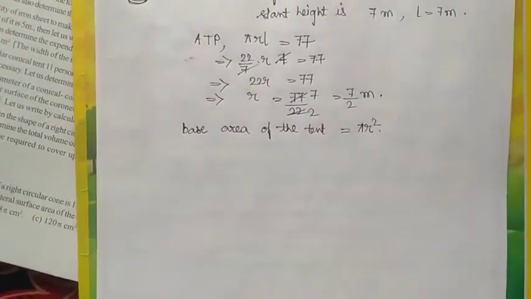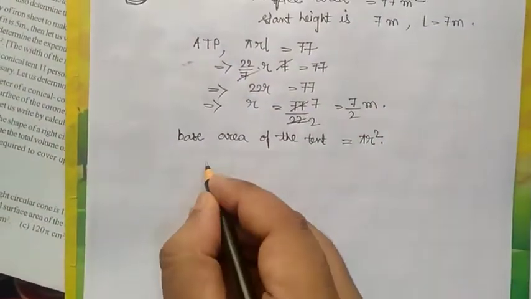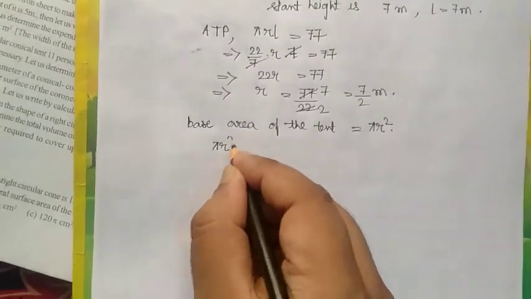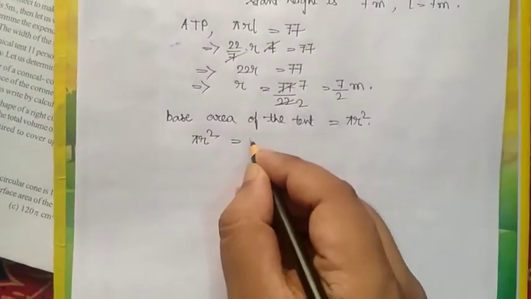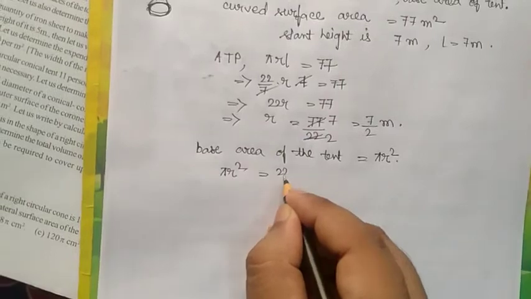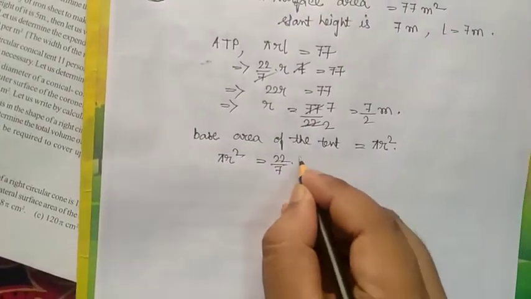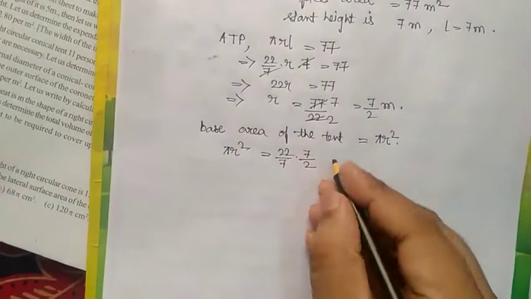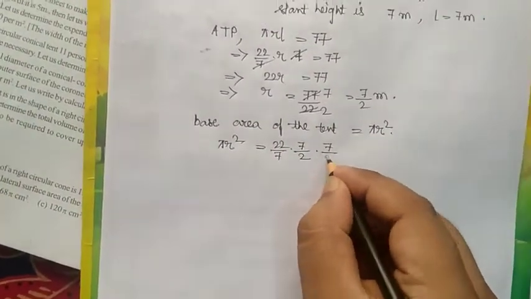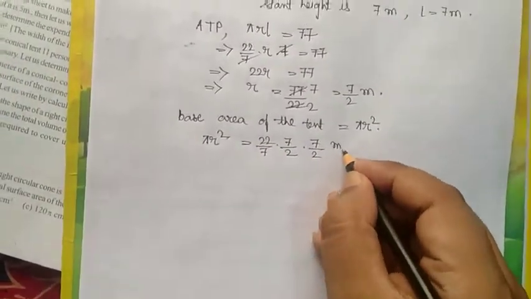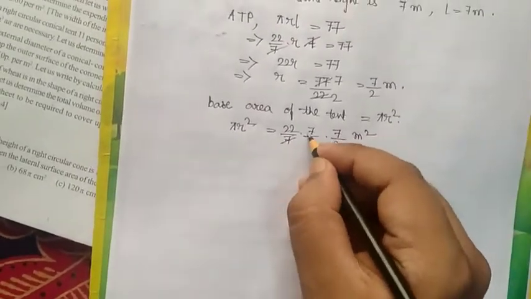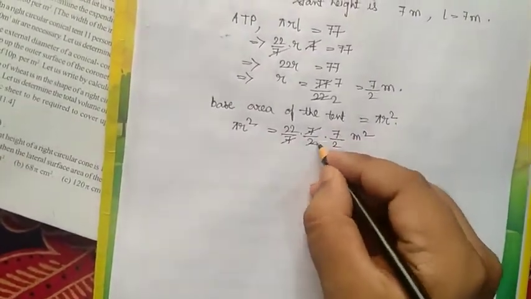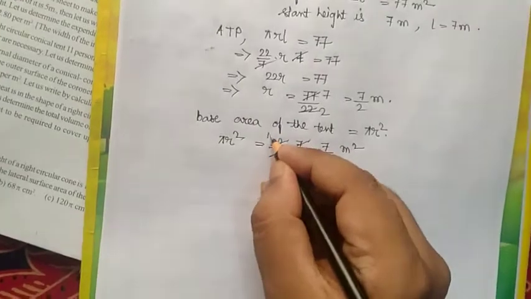Putting the value of pi as 22 by 7, and r as 7 by 2 into 7 by 2 meter square, eliminating 7 and 7 and eliminating 2 from 22, we get 11.